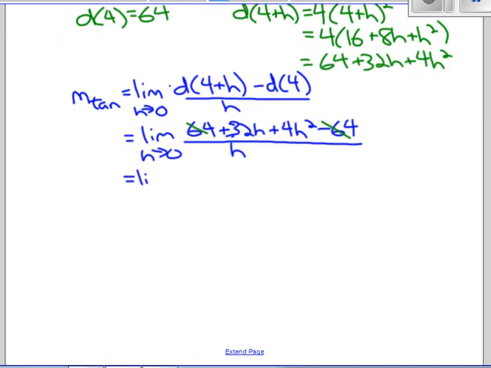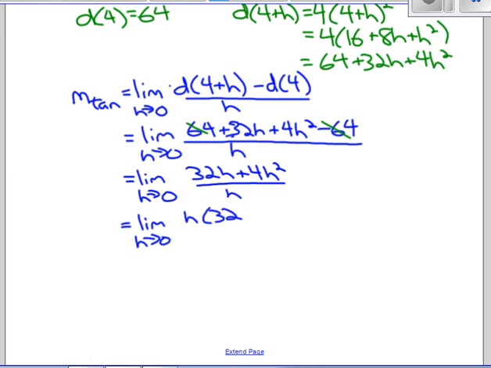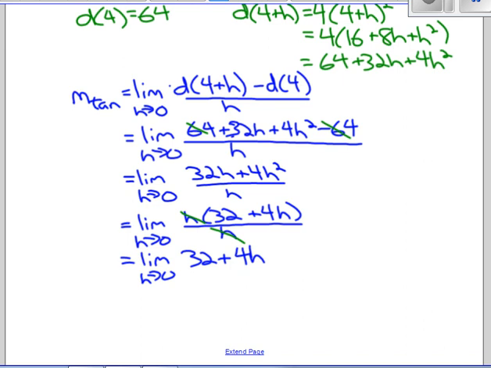So we're looking at the limit as h goes to 0 of 32h plus 4h squared all over h, or limit as h goes to 0 of, I'm just going to take h out as a common factor, we could have taken 4h. And that's because I want my h's to divide. Limit as h goes to 0 of 32 plus 4h. Hey, now we can finally put in a 0 for h, and that'll give us 32, and the units are in meters per second, because we're still talking about slope, y's over x's.